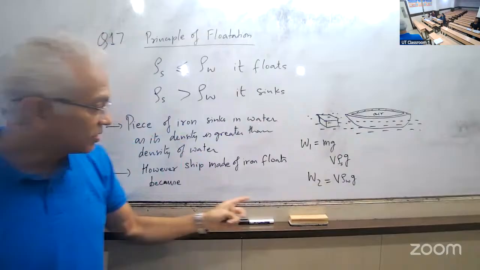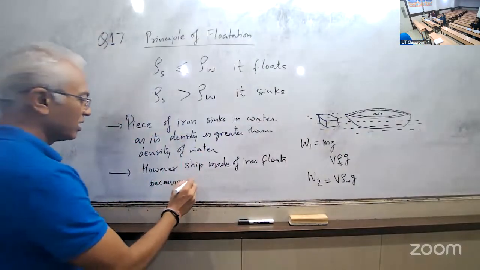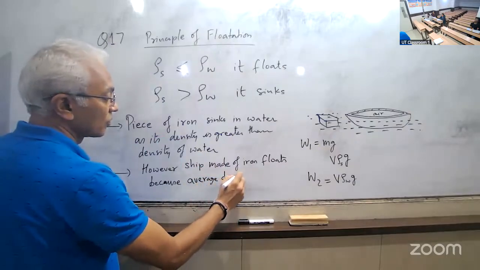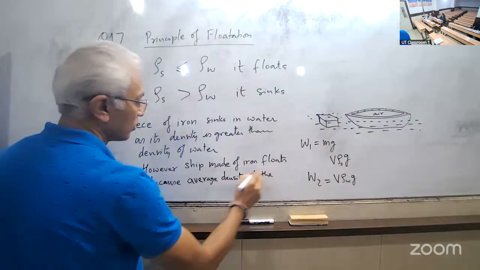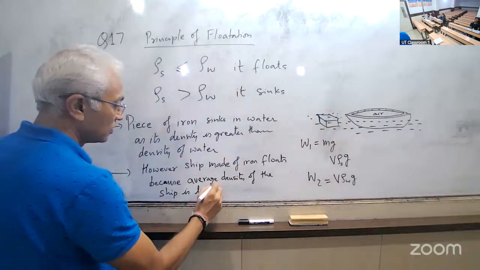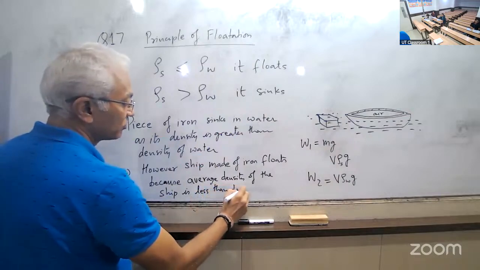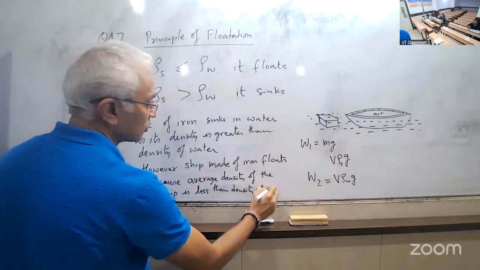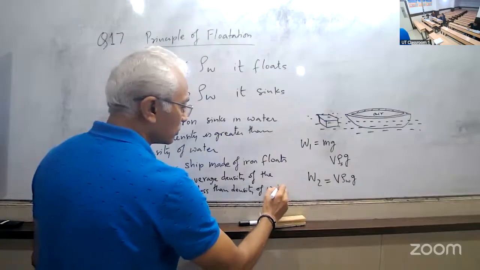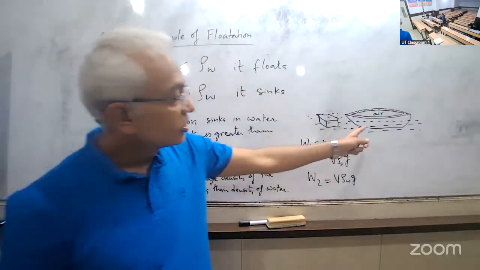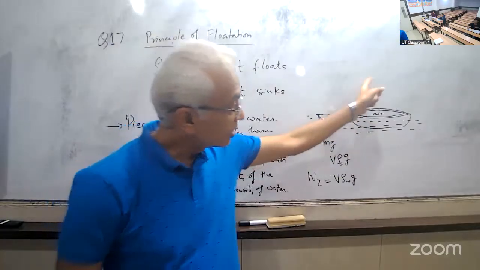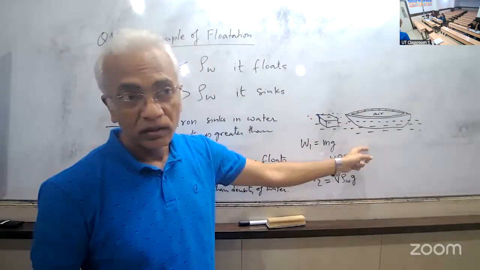So the average density of the ship is less than the density of water. So the weight of water displaced by the ship is more than the weight of the entire ship. That's why the ship is floating.